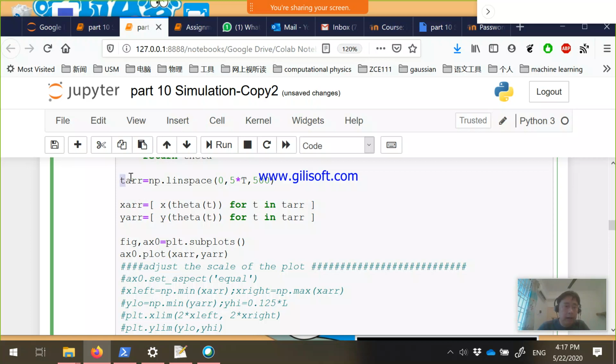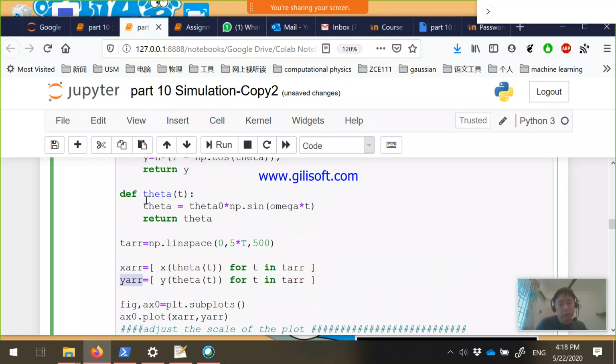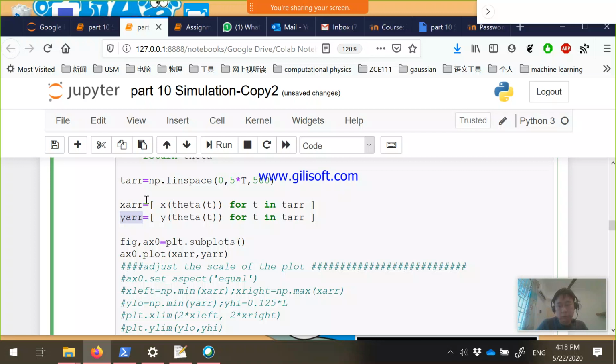So TARR, YARR, and XARR, all 3 of these will be used to show the trajectory of the pendulum.